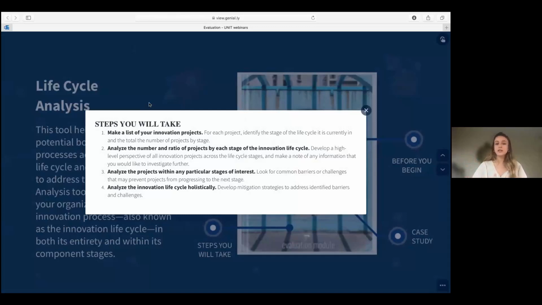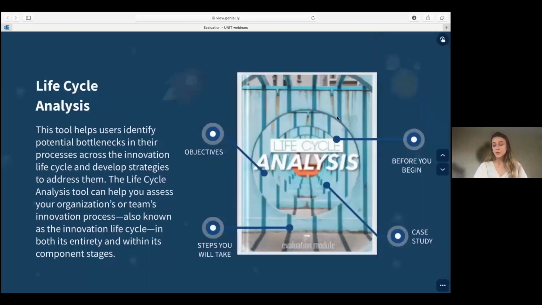After which you will be also encouraged to analyze the projects within one particular stage of interest, and after that you will analyze the innovation lifecycle holistically. So these are the 4 steps that you will take with this tool, the lifecycle analysis tool.